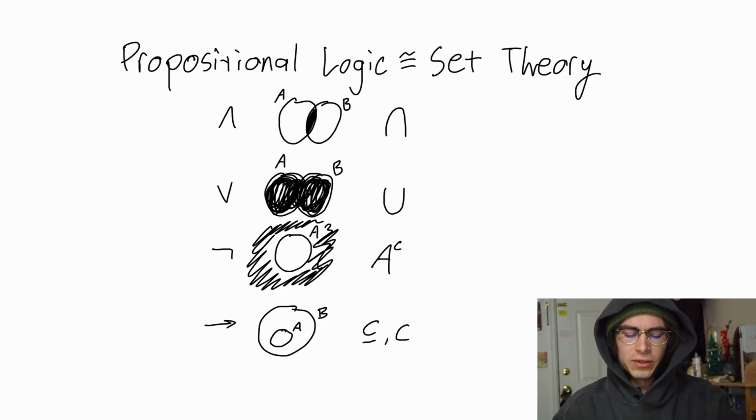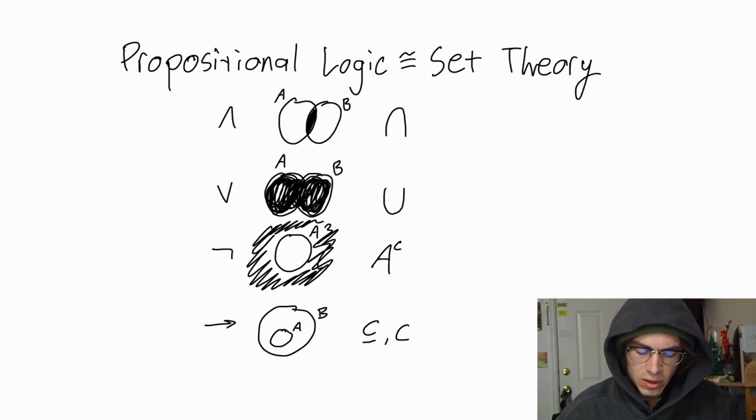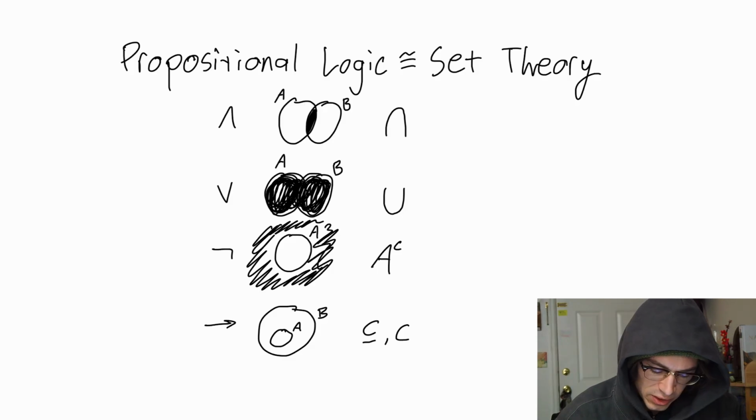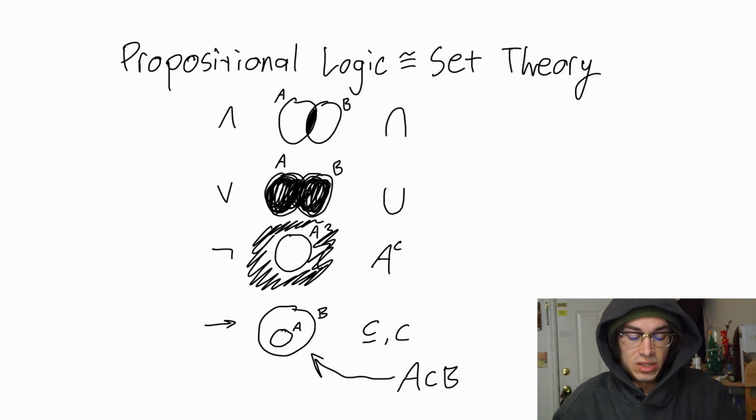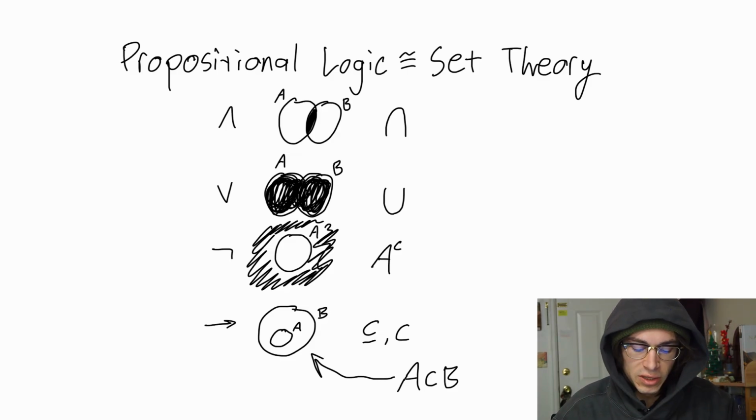And there's two kinds of subsets, a proper subset and then just a regular subset. I'll talk about that in the video on set theory. But if we ever see A is a subset of B, that's just saying that A is completely contained inside B. All of the elements that A contains are also contained in B.